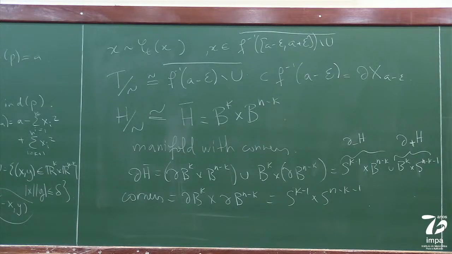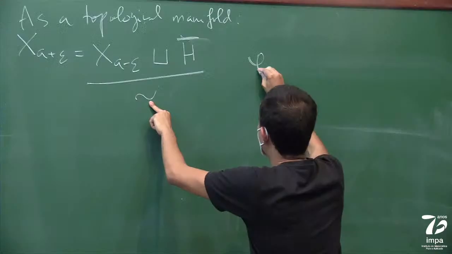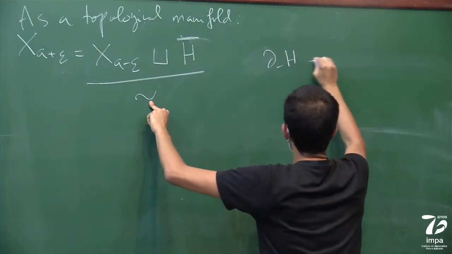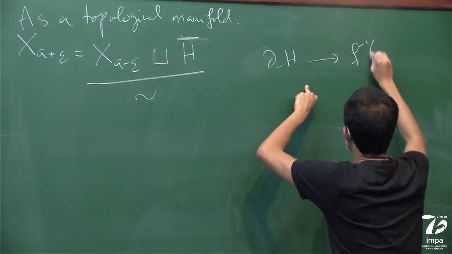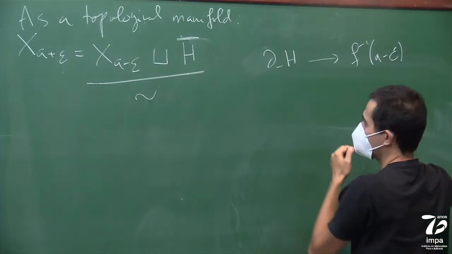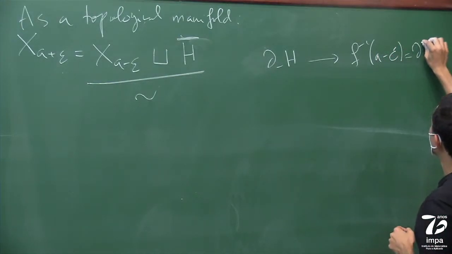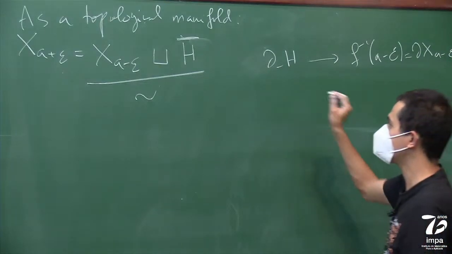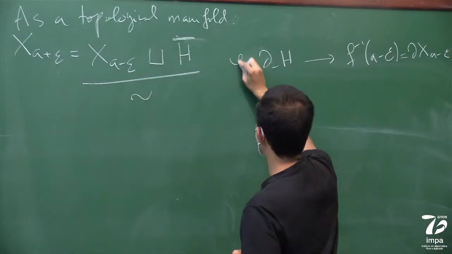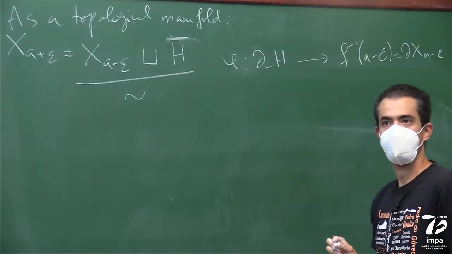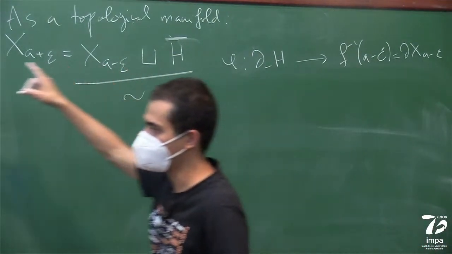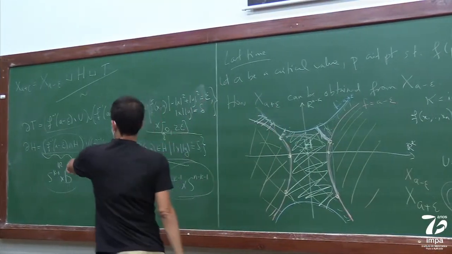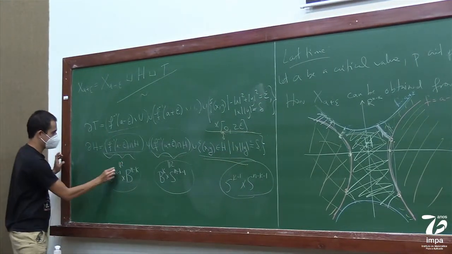So you're taking a map that takes a point in del minus to the f inverse of a minus epsilon, so to the boundary of this. This is a map, say phi, and it's really this diffeomorphism right here.